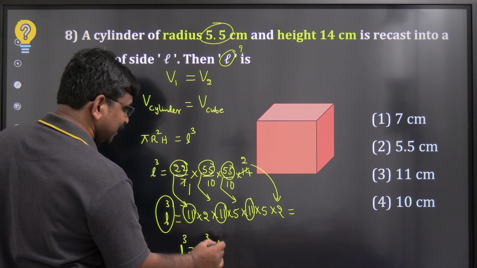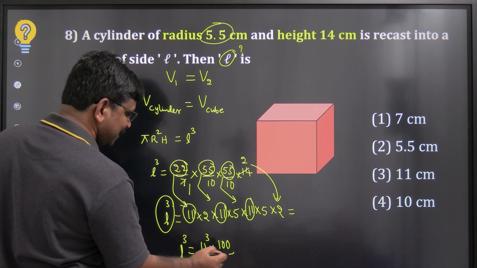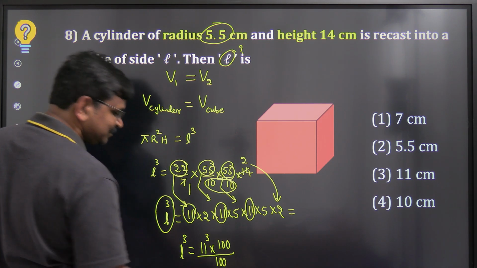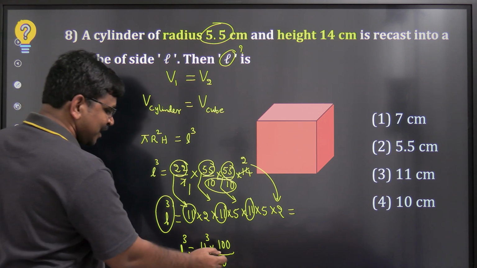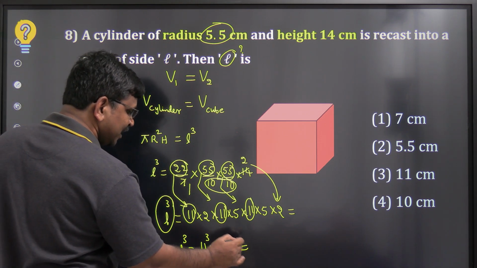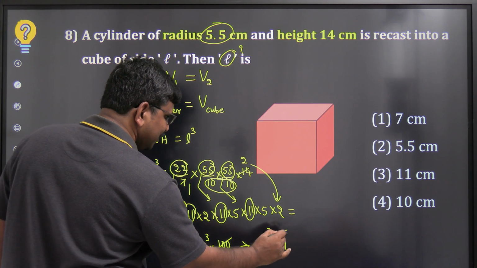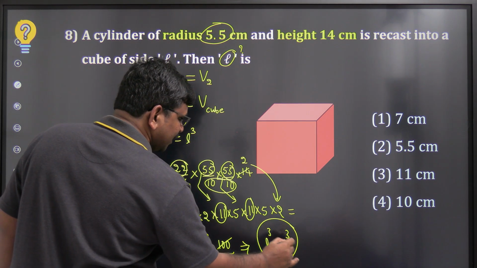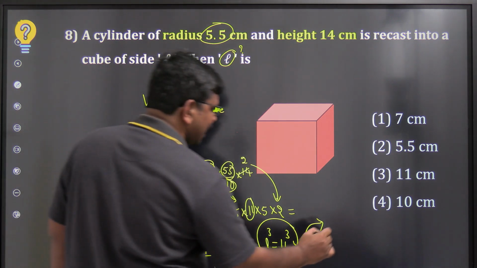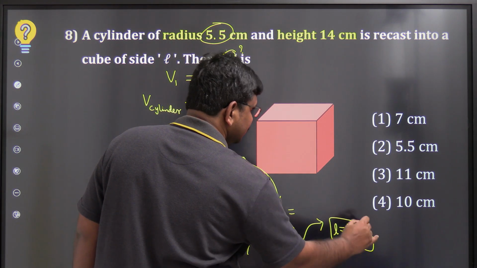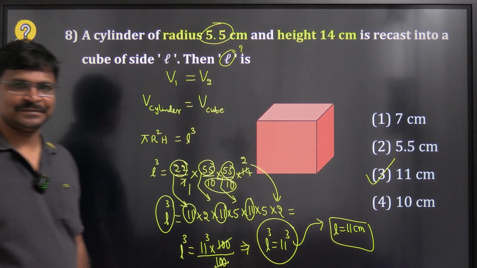Yes, 100. Divided by, what is left here? 10 into 10. 100. Yes. So 100 cancels and you are left with L cube equal to 11 cube, and by cube root on both sides I will get L is equal to 11 centimeter. So this is the right answer.